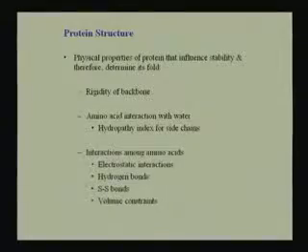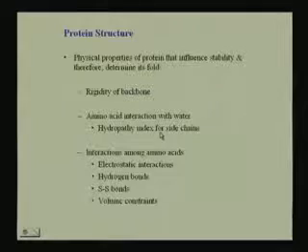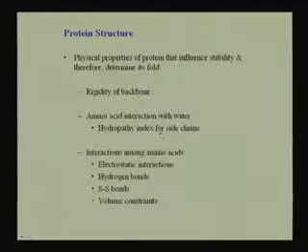So you have a specific index called a hydropathy index, which I will show you later on, that tells you how the amino acids interact with water and how we can determine different regions of the protein that are going to be embedded in the protein. If you have a stretch of hydrophobic amino acids, they will not be on the surface of the protein.